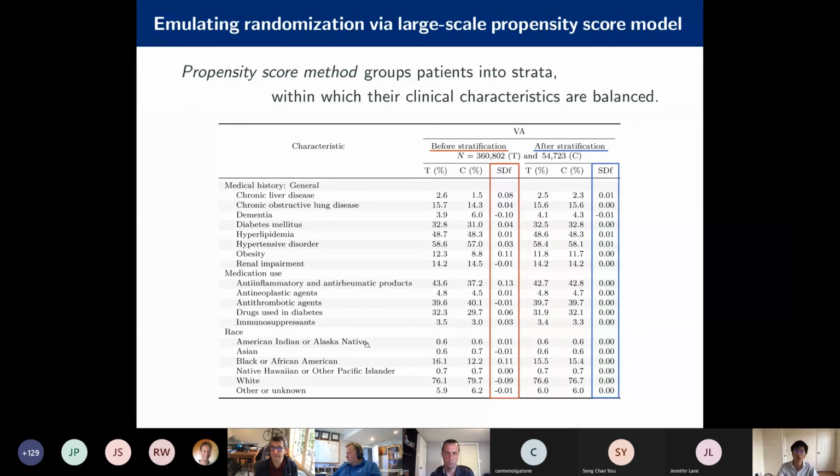If you look at the standardized differences in baseline characteristics before and after stratification, you see that our propensity score method was able to balance the patient characteristics across the spectrum of baseline characteristics.